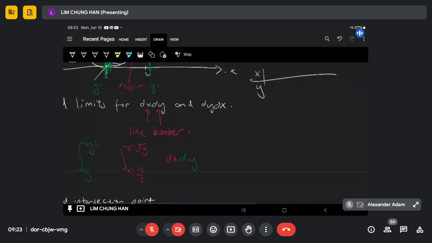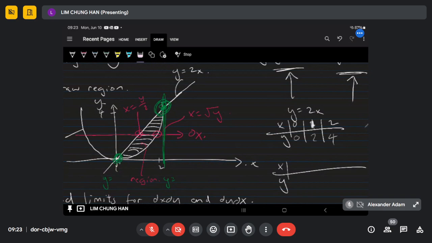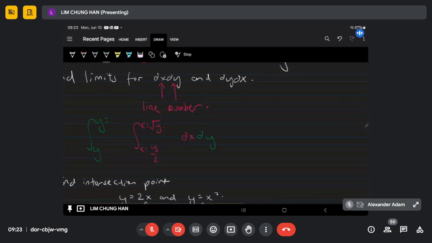So let's go back here. We know the intersection points here are (0, 0) and (2, 4). So therefore, what is the smallest y?